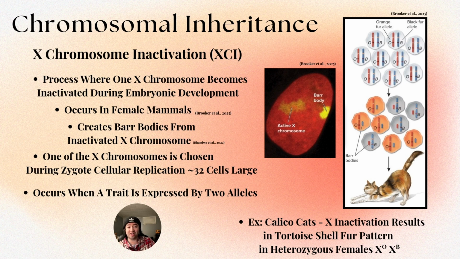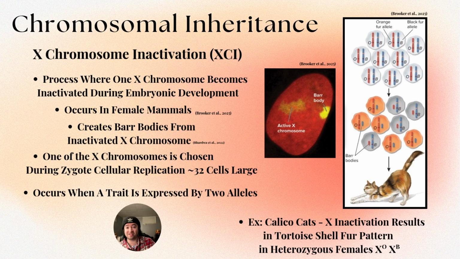X chromosome inactivation occurs during embryonic development, which then results in a tortoiseshell pattern if the cat has two different alleles for this coat color. Since this is an X-linked sex trait, male cats do not express the tortoiseshell fur coat seen in calico cats.